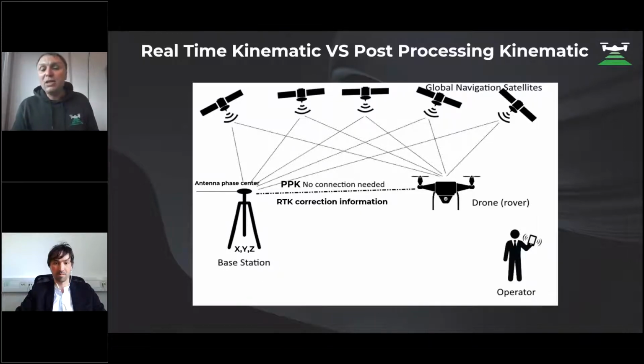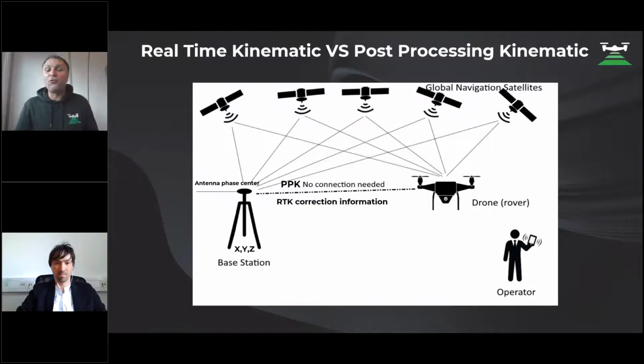And at the same time, if you are using PPK technology, you don't need to provide direct connection between the base station and the drone. You just install a base station on the point with well-known coordinates, and you just save RNX files on the base station, and you can fly with the drone within 20 kilometers range from the base station, and you don't need to provide direct connection between the drone and base station.